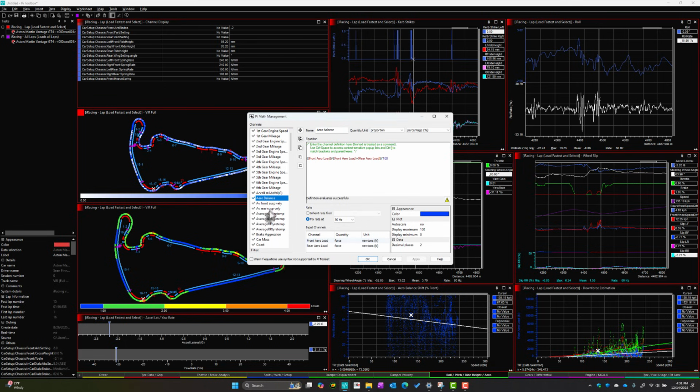And if we want to look at what front or rear aero load is, we're taking static ride height plus current ride height, averaging it out on the front, and then multiplying it by the spring rate to derive a force on the car based on the displacement of the spring and the spring rate. I actually did a video similar to this on, I think it was the ZR1 a while back, because we had known spring rates on that.